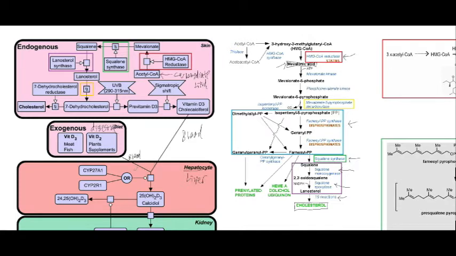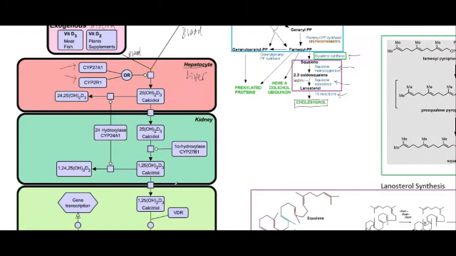And so then there are these two other enzymes here that can both catalyze this reaction from vitamin D3, the calciferol, into the 25-OH vitamin D3. And so that can then be transported to the kidney here.